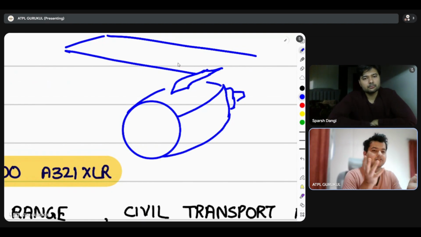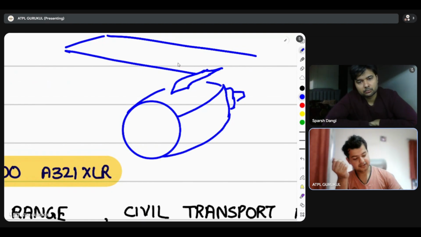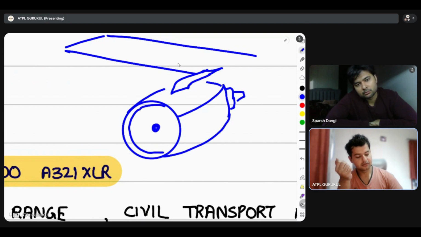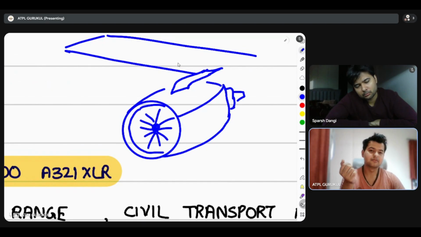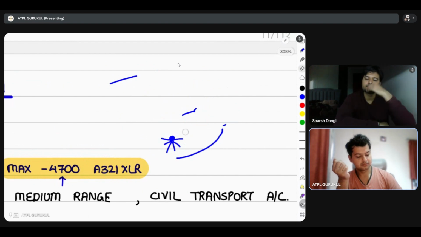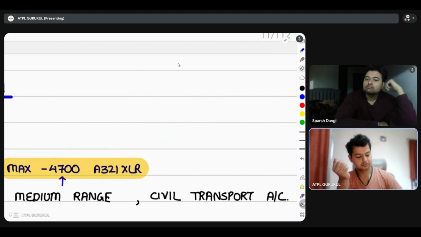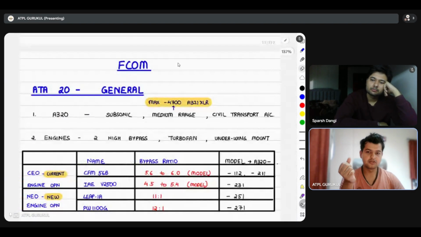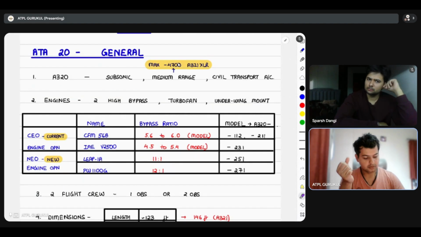This is known as the nacelle of the engine. Inside the nacelle of the engine, you have the fan. Clear? No doubts? Okay, great.